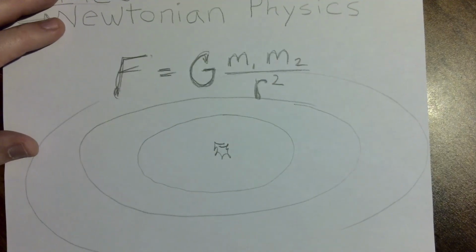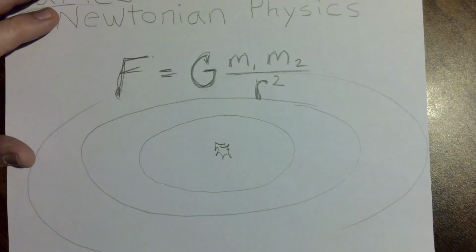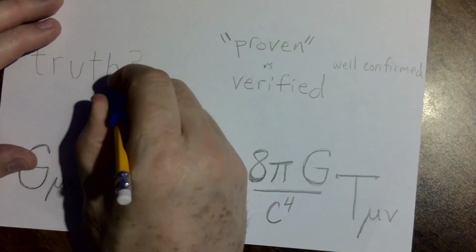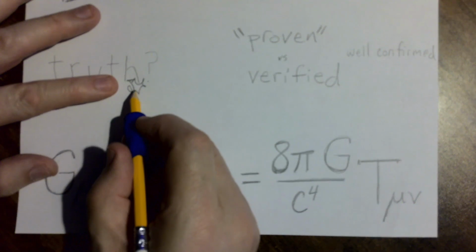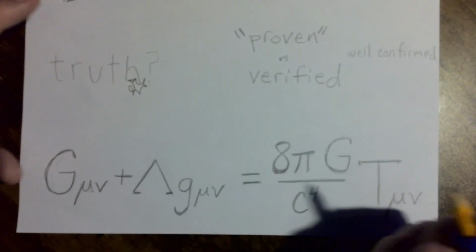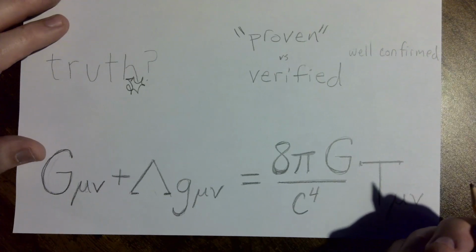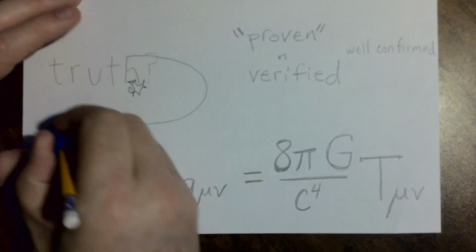Truth? One might think so. However, there is one thing that Isaac Newton's mathematics and physics, laws of motion, laws of gravity, couldn't explain.